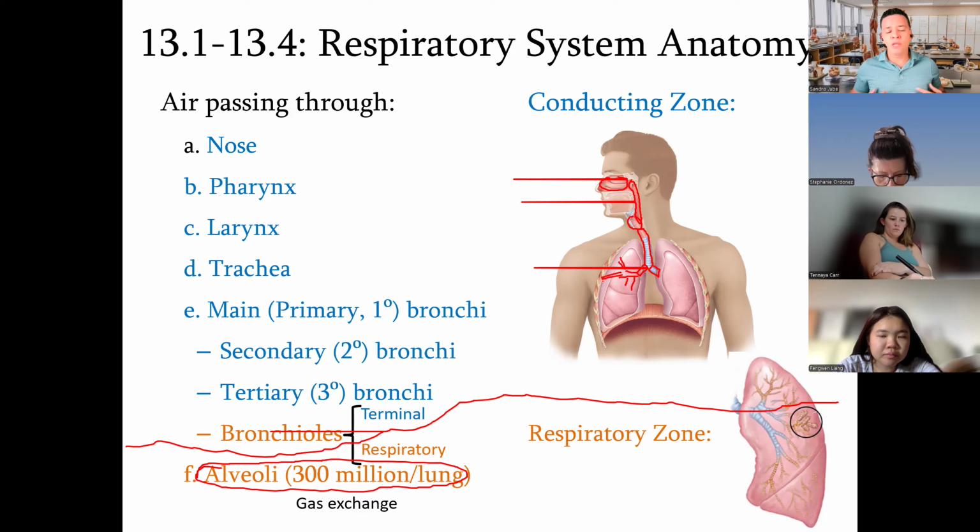We have about 300 million alveoli, guys, in each of the lungs. We're going to take a closer look at what they look like. This is where the exchange of gases is going to happen, and we need every single one of those alveoli. And they are very fragile.